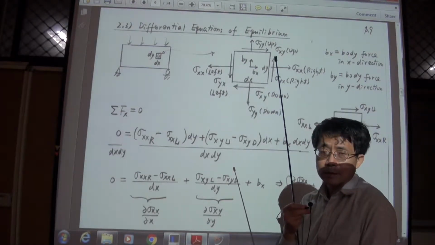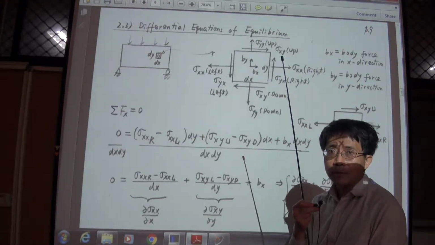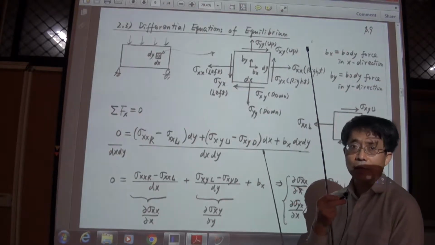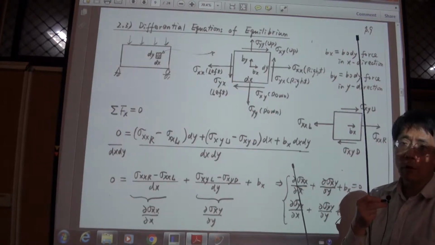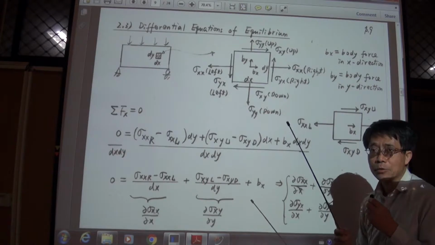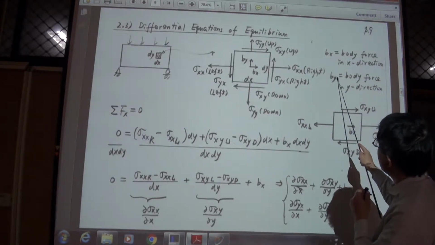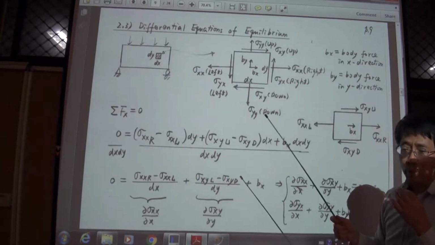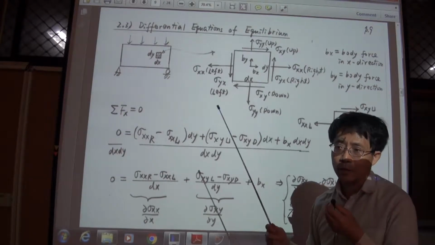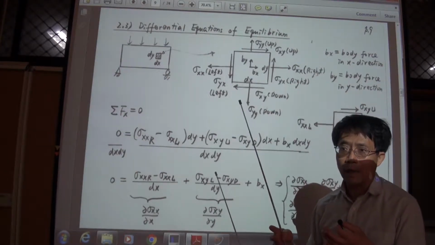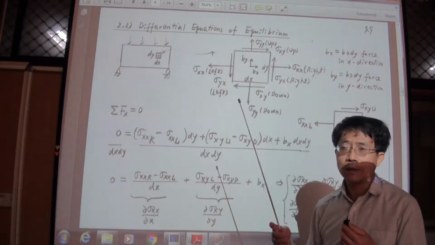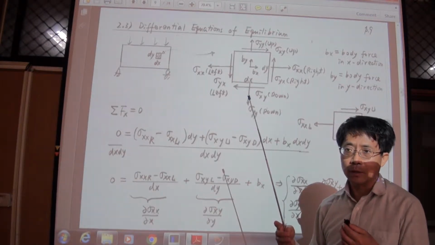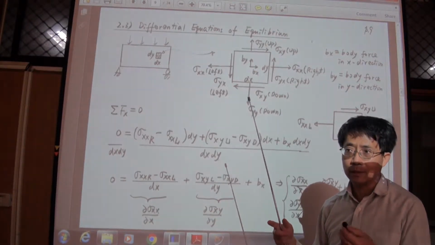The body force in the y direction usually comes from the gravitational force, like a beam must have a weight, like 2,000 kilograms, something like this.